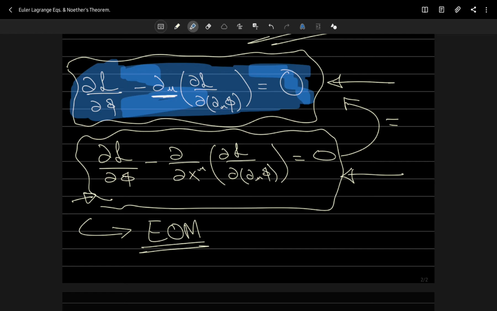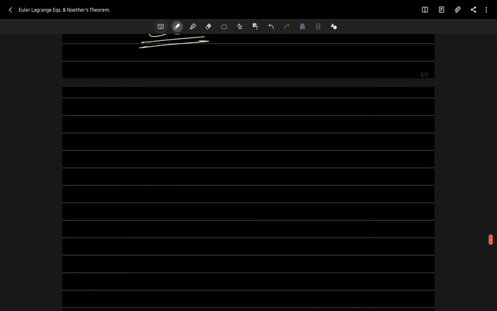Right, so now we can move on to the symmetries in classical field theory. And to talk about these symmetries, we actually have this one very beautiful theorem, which is known as your Noether's theorem.